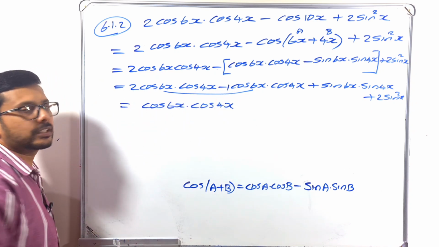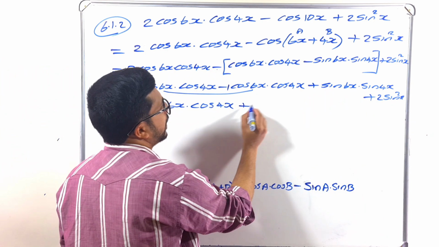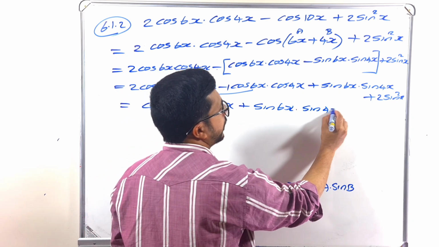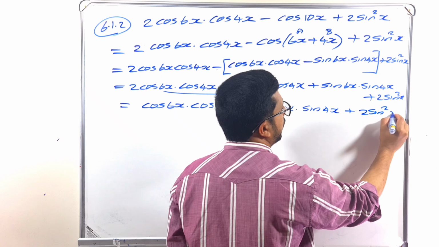So it is 1 cos 6x cos 4x, then plus sin 6x sin 4x, then plus these 2 sine square x.